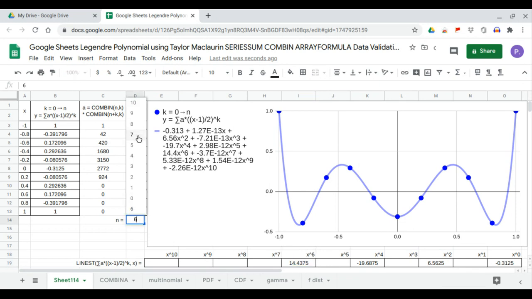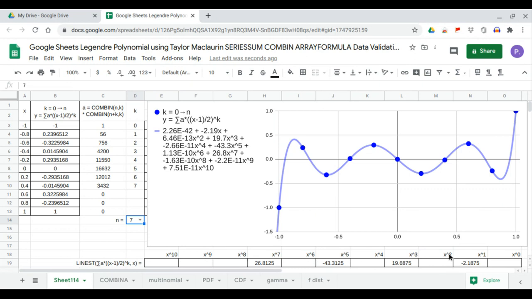At n equals 7, Legendre polynomial y equals negative, so minus 2.18 or 2.19x plus 19.68 or 19.7x cubed minus 43.3x to the fifth plus 26.181 x to the seventh.